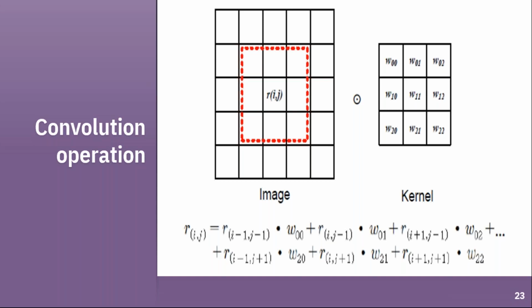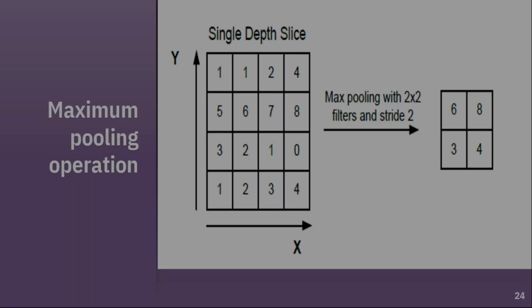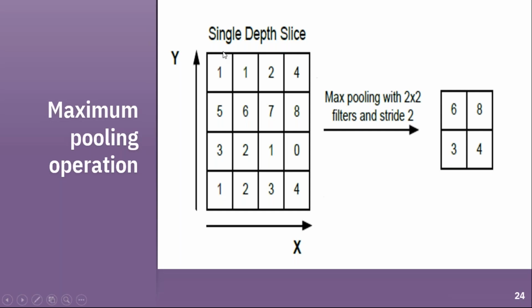The pooling layer, which we apply after the convolution filter, is to select a pixel value having a certain characteristic among pixels in a specific region. Let's see, this is a block of image, and we have some values here.